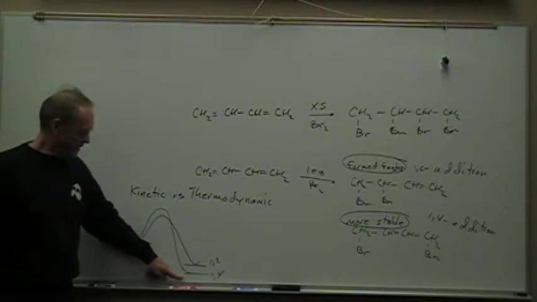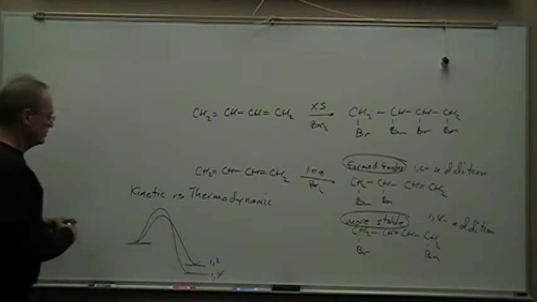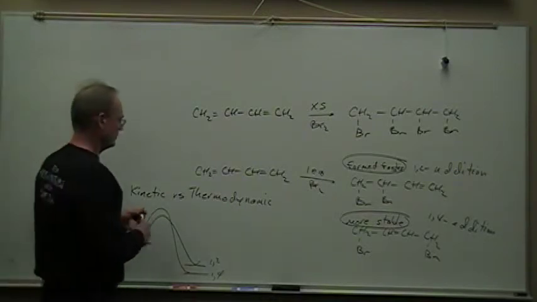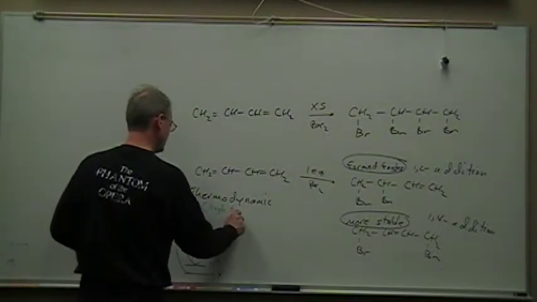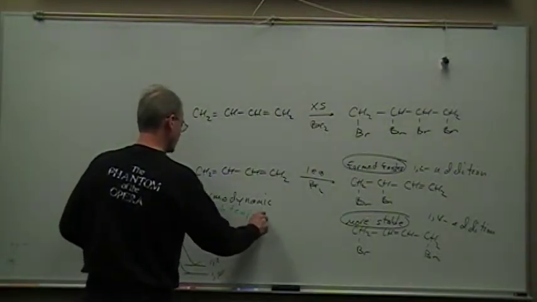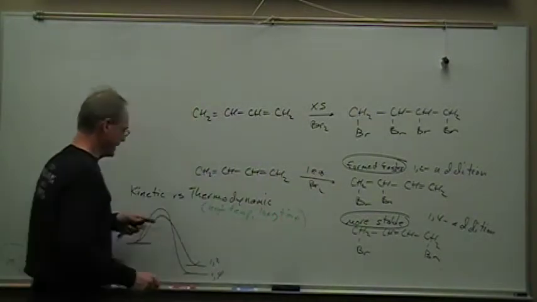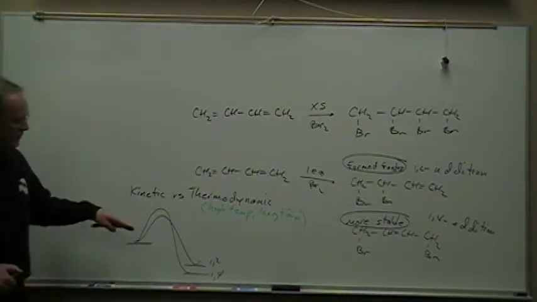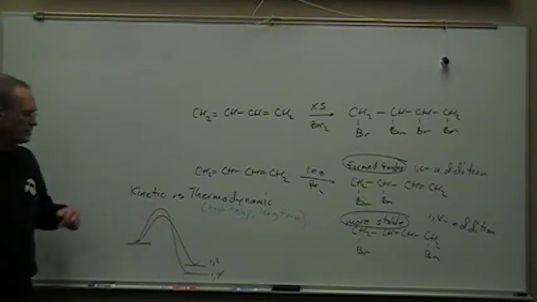It would pool up more down here than it does up there simply because that's lower in energy. So thermodynamic control is high temperature, long time, essentially allowing the reaction to go to equilibrium, back and forth, so that we don't really care which product is the higher product.